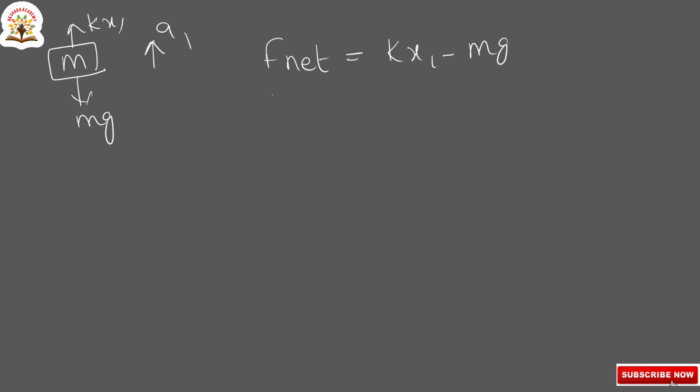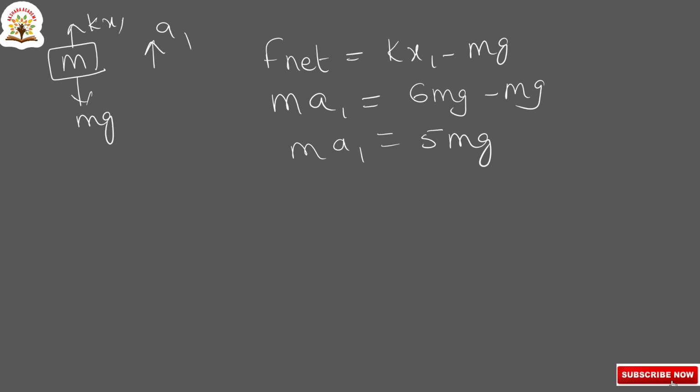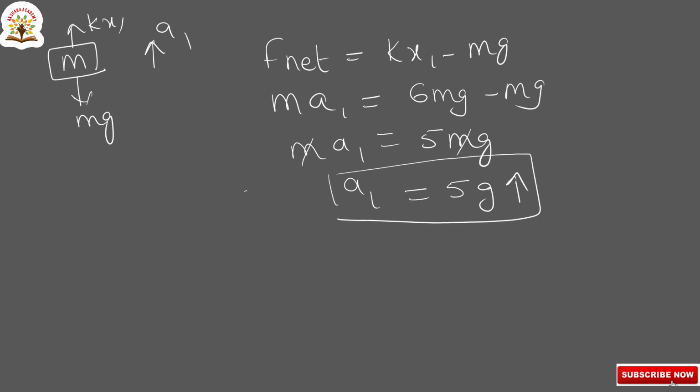So ma1 is equal to 6mg minus mg, that is equal to 5mg. m cancels, we get a1 is equal to 5g, upward direction. This is the value of a1.